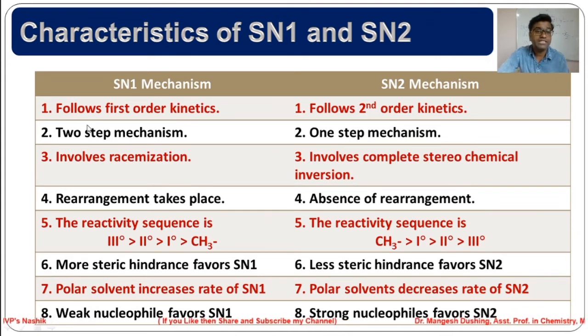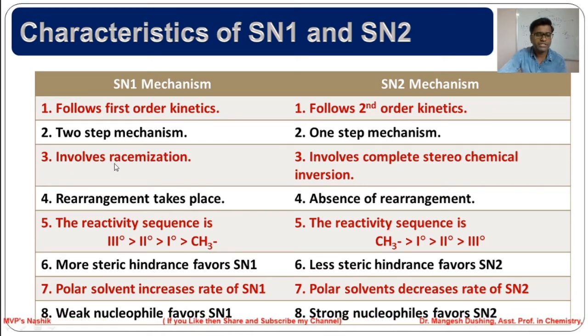So, the SN1 mechanism follows first order kinetics, while the SN2 mechanism follows second order kinetics. SN1 is a two-step mechanism, while SN2 is a one-step mechanism. Stereochemically, SN1 involves racemization, that is two products are possible, enantiomers of each other.